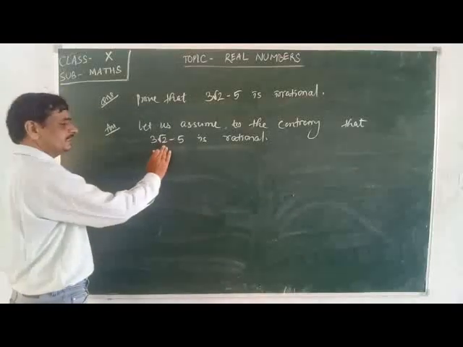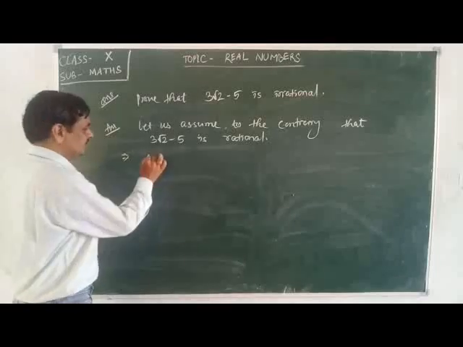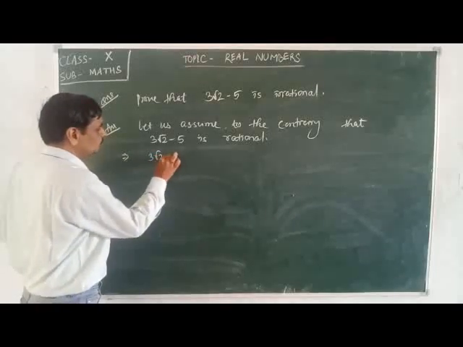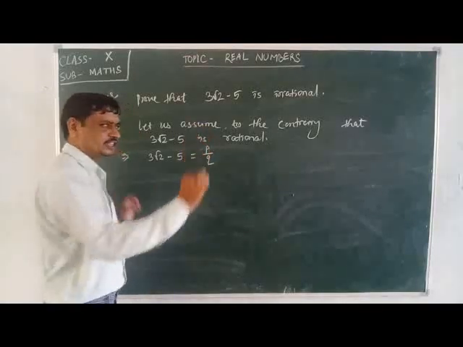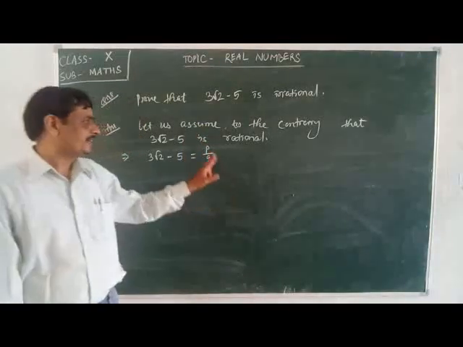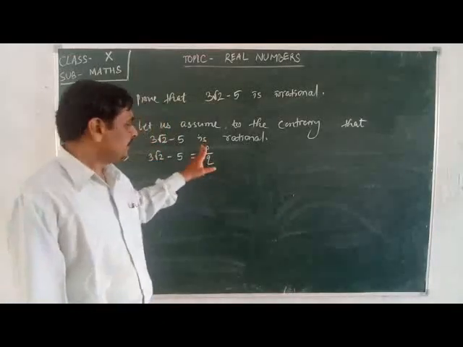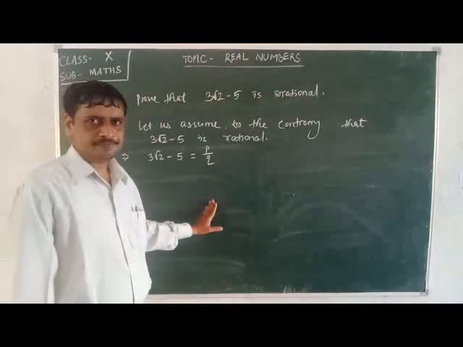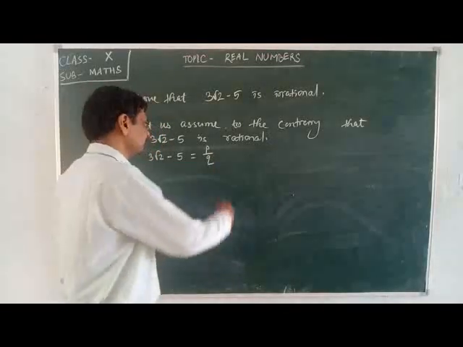Since 3 root 2 minus 5 is rational, we can assume it is in the form P by Q, where P and Q both are integers, P and Q are co-prime, and Q is not equal to 0.